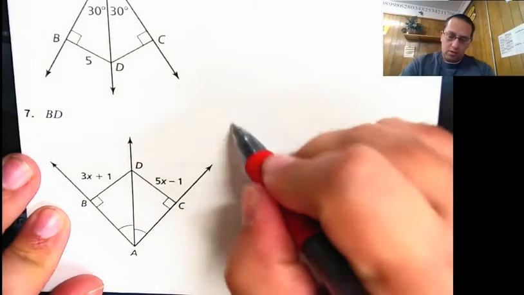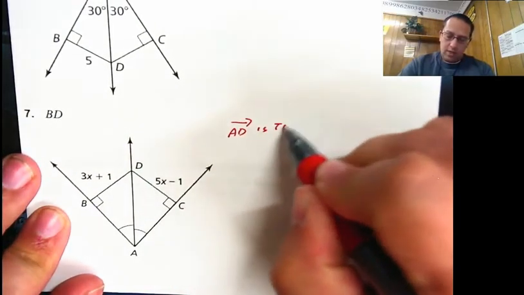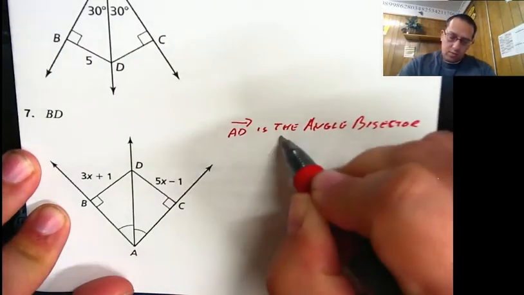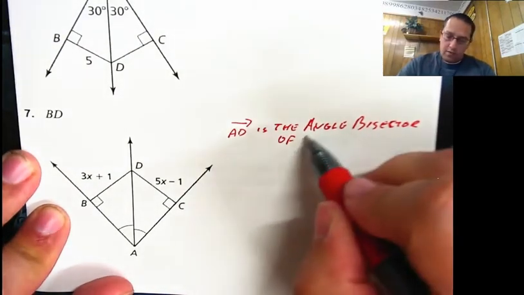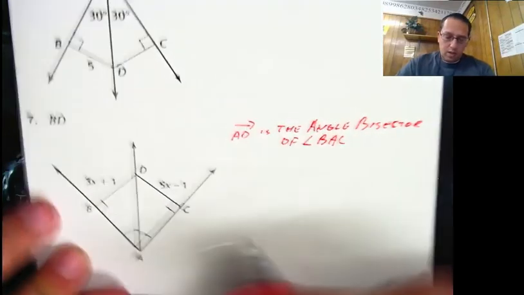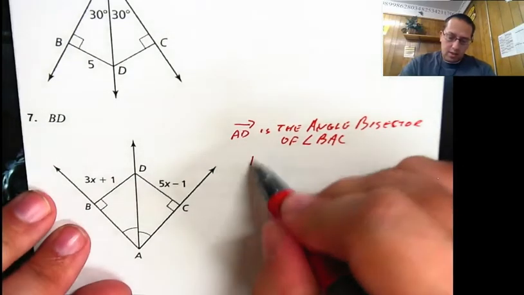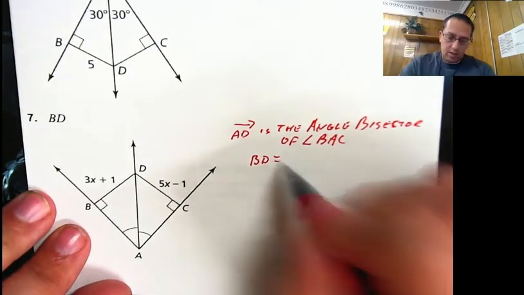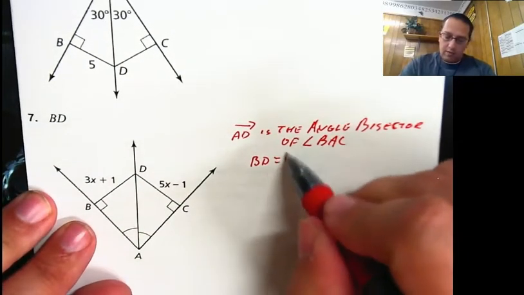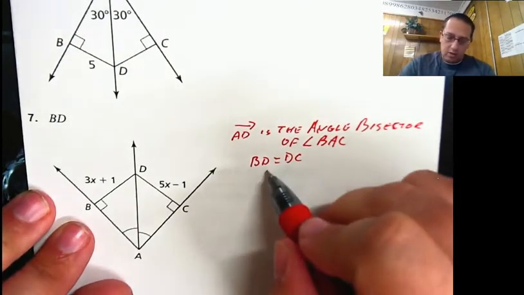Specifically, I guess we should say of angle BAC. And that means that the length of BD is going to equal the length of DC by the Angle Bisector Theorem converse.